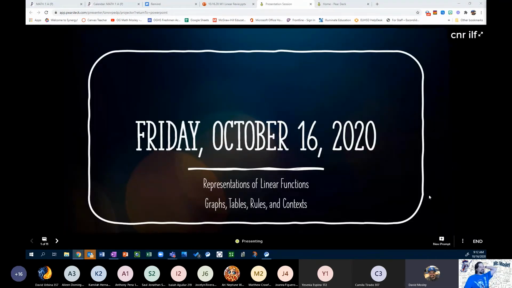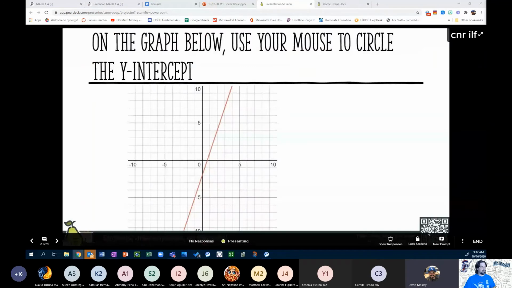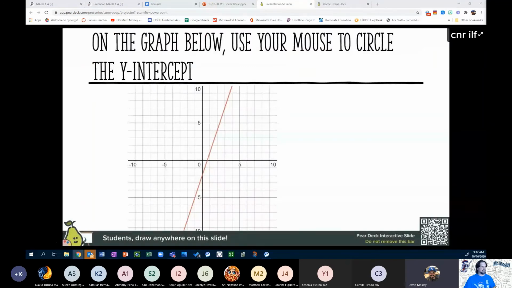All right, so again, we're looking at representations of linear functions with graphs, tables, rules, and contexts. All right, here is the first question. Use your mouse to circle the y-intercept on this graph.